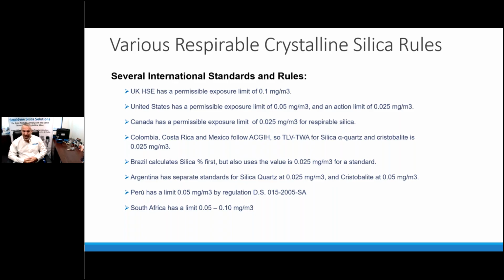Brazil still calculates silica percentage first, but also uses that ACGIH TLV as a best practice. Argentina has separate standards for silica quartz. Again, it starts with the ACGIH TLV for quartz at 25 micrograms per cubic meter, and for cristobalite, it's 50 micrograms per cubic meter.